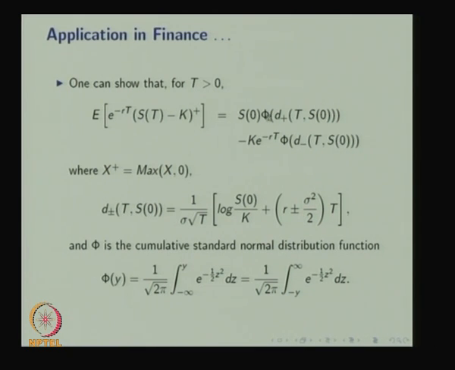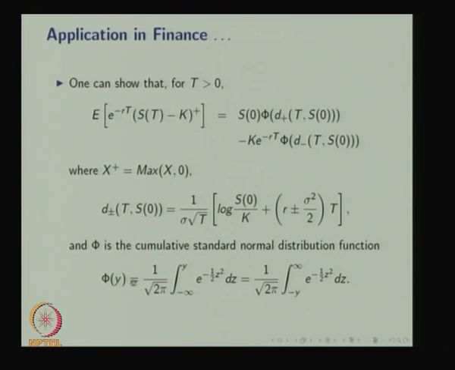So that is nothing but S(0) psi of d plus (T, S(0)) minus K times e power minus rT psi of d minus (T, S(0)), where d plus and d minus are defined in this form, and psi is the cumulative standard normal distribution function.